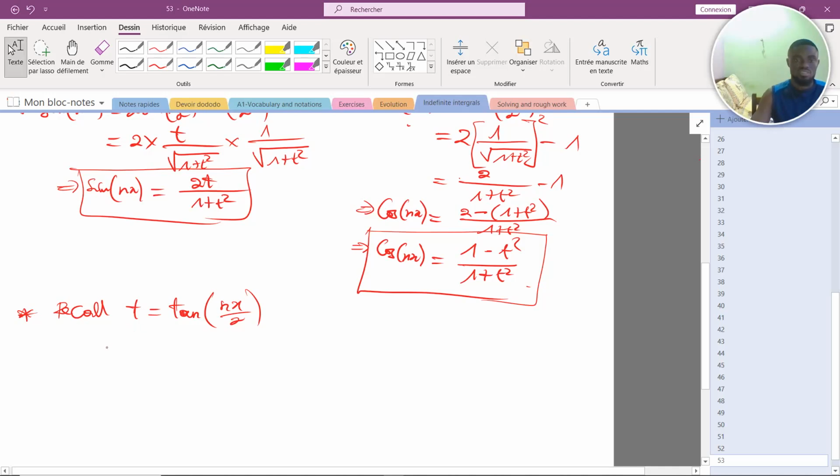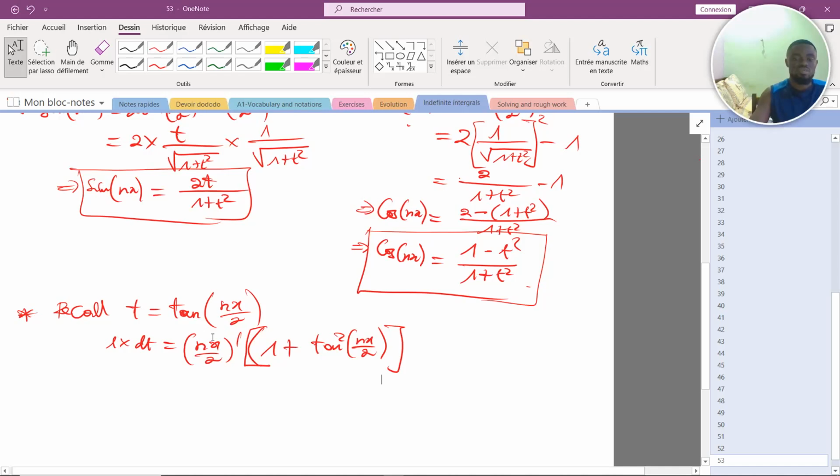When I differentiate this, I have 1 times dt being equal to the derivative of nx on 2, and then the derivative of tan of something. The derivative of tan u is sec square u, or 1 plus tan square u. So I'll have 1 plus tan square nx on 2, in big brackets.